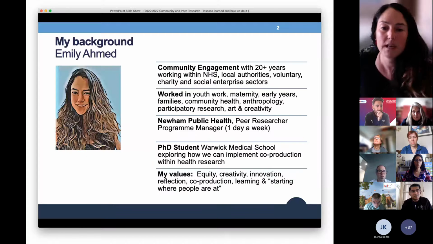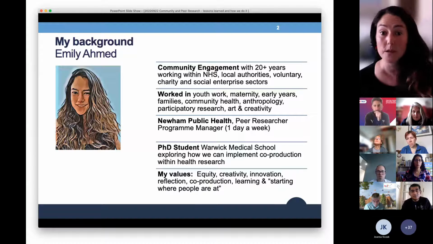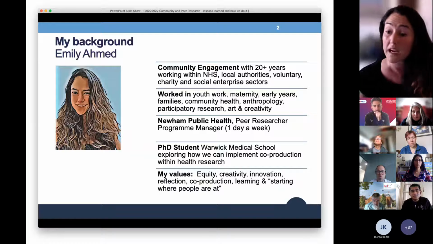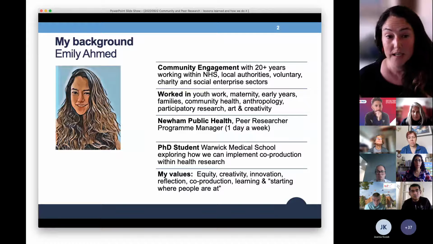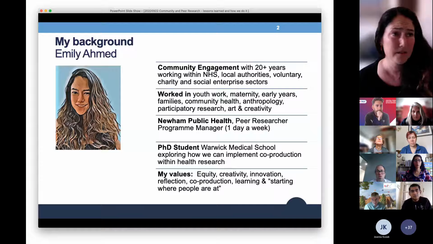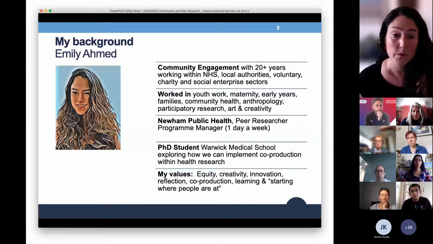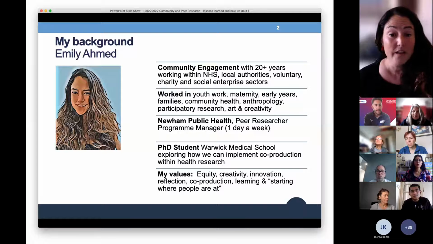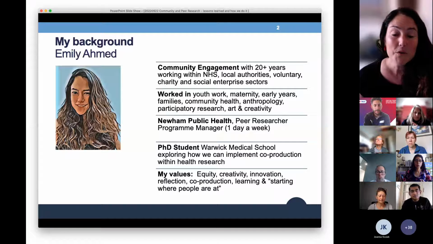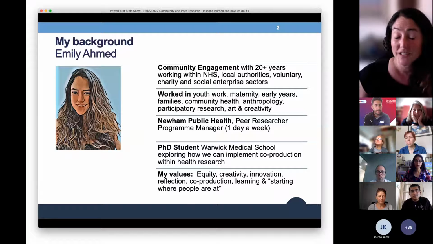Just really quickly, so you know who I am, a little bit about my background and where my areas of expertise are and are not. My name is Emily Ahmed. I've worked in community engagement for over 20 years, in the NHS, local authority, and a lot of work in the voluntary and charity sectors and social enterprise. Originally most of my work was in youth work, so I was a youth worker for many years.